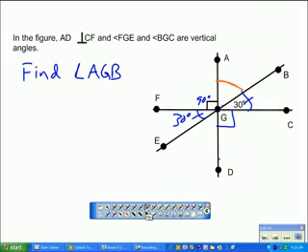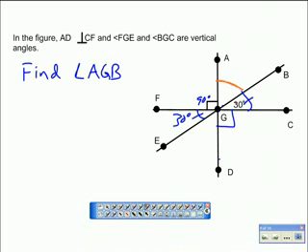These are vertical. What you need to look at is, what are these two together? Is that a right angle right there? So together, this 30 and this one has to equal 90. So they're complementary. 60 degrees. So that's 60. So the measure of angle AGB is 60.